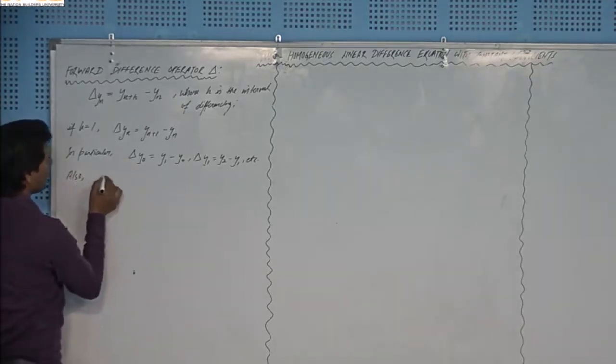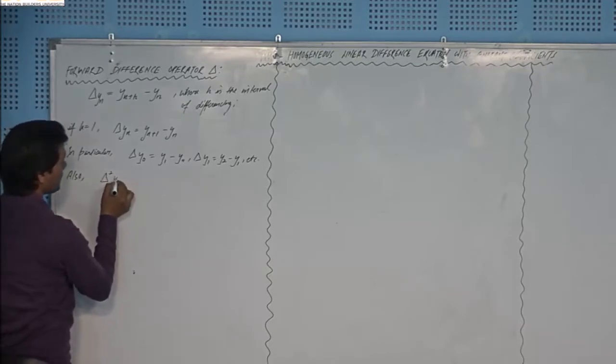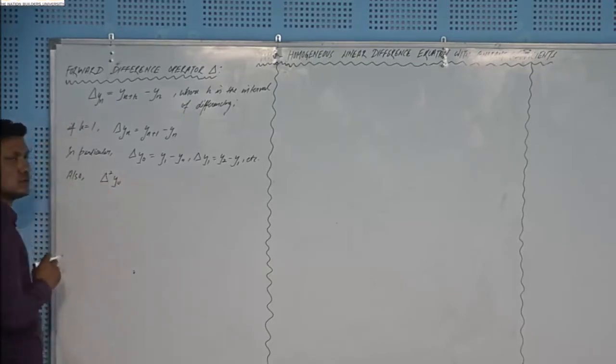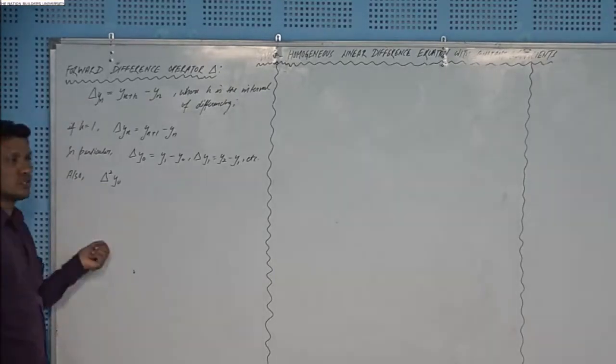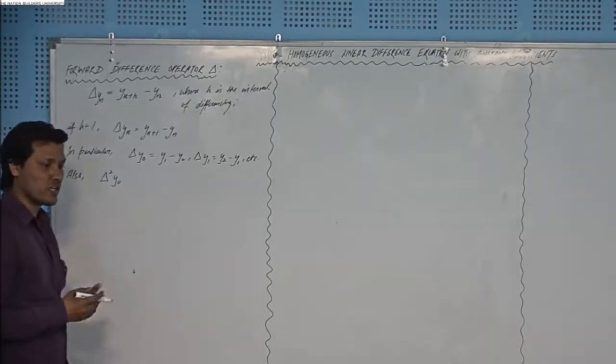If you find delta square y0, this is the second order forward difference operator. It is very similar to the differential operator, just like you differentiate a function 1 time, 2 times.